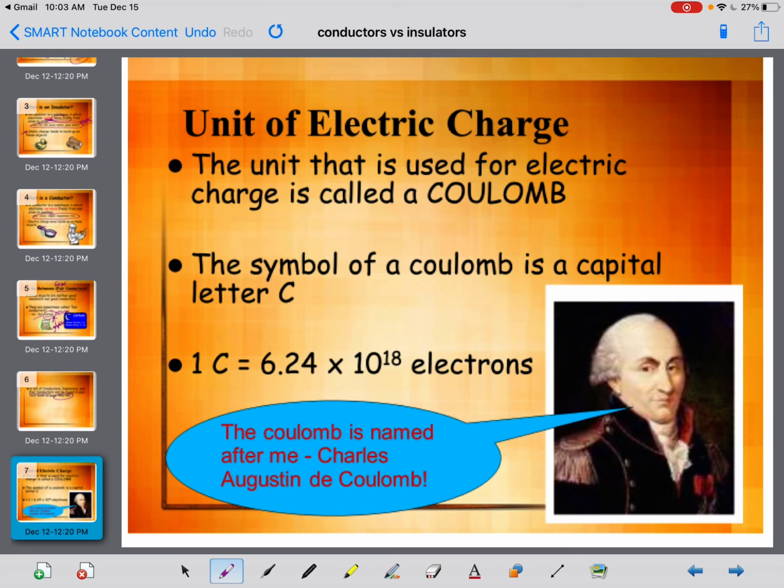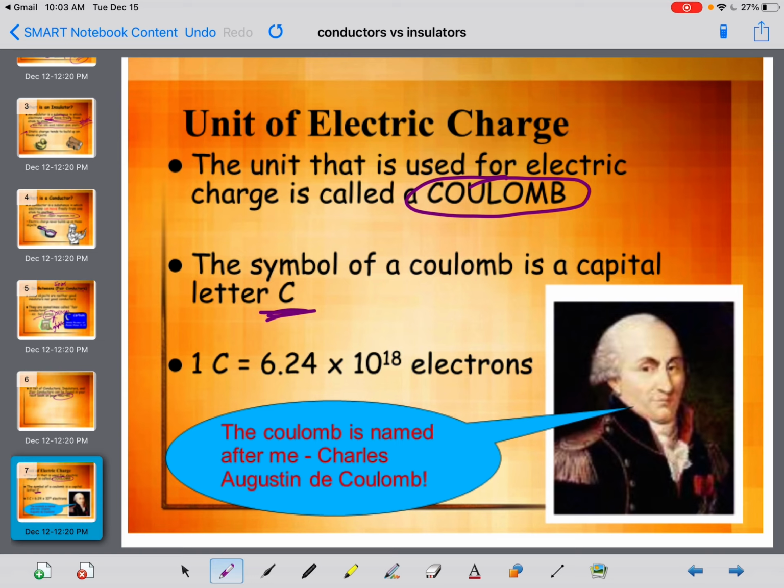So what we do in science, typically, is cluster electrons together. Instead of looking at electrons individually, we look at them in little packets or groupings. We call that unit a coulomb. It's named after a scientist, and we represent coulombs with a capital C.